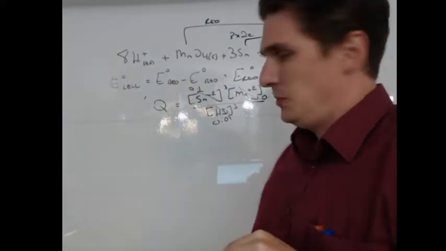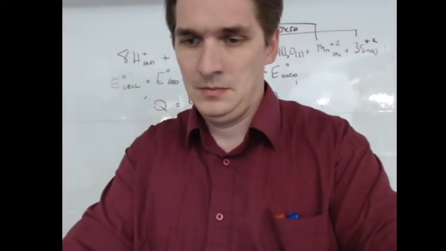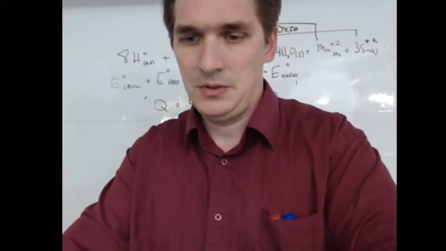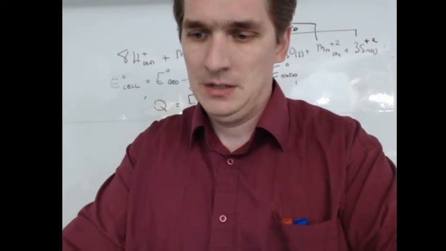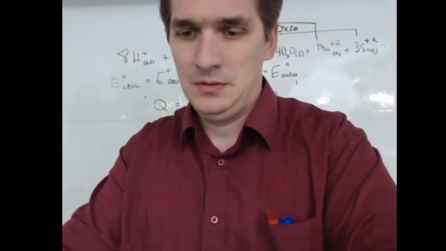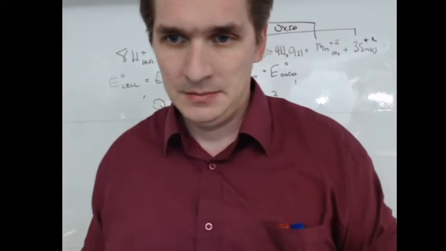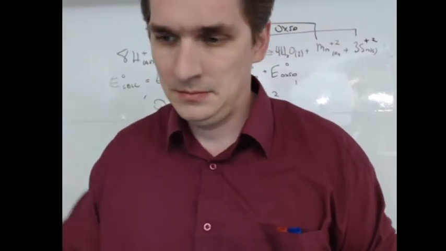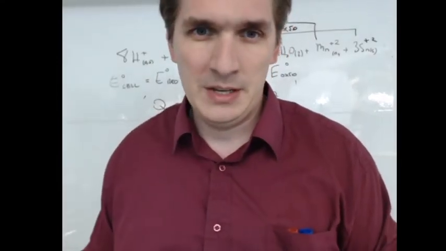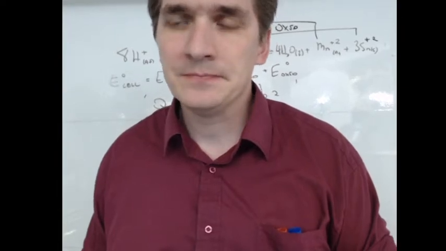So we got 0.2 to the 2 times 0.1 to the third power divided by 0.01 to the eighth power. And when I get that, I get like 2 to the 15th power.